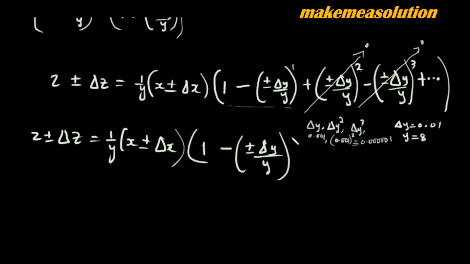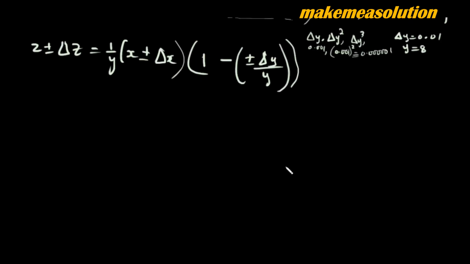Okay, like this. So I have z plus minus delta z is equal to 1 over y and x plus minus delta x. Then I have 1 minus plus or minus delta x over x.